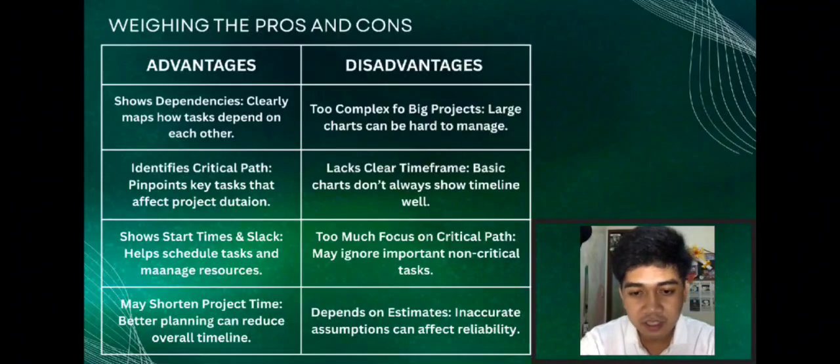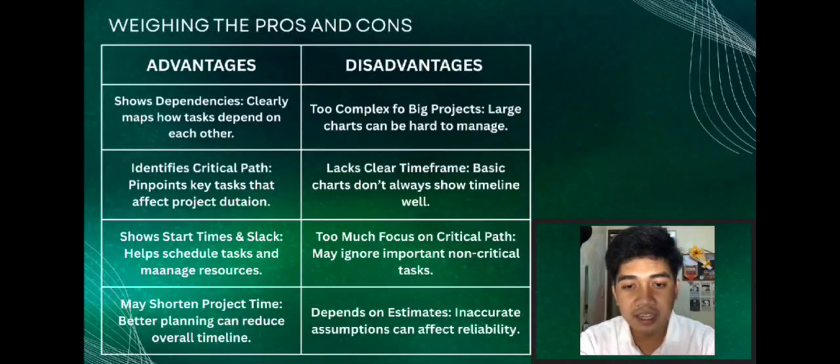It shows dependencies, clearly maps how tasks depend on each other, and identifies critical path, pinpoints the tasks that affect project duration. While it shows start times and slack, helps schedule tasks and manage resources.